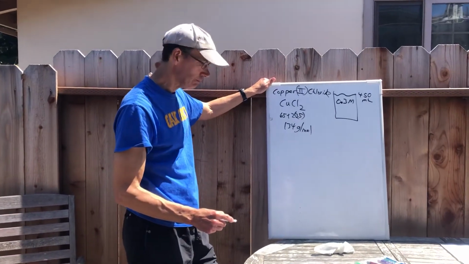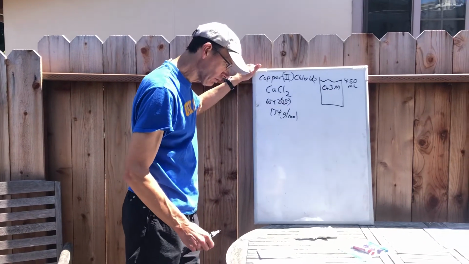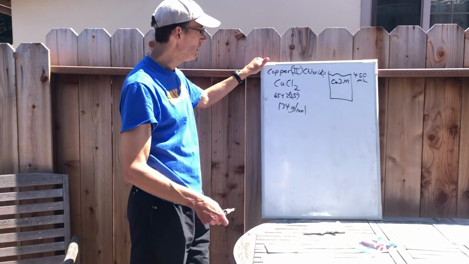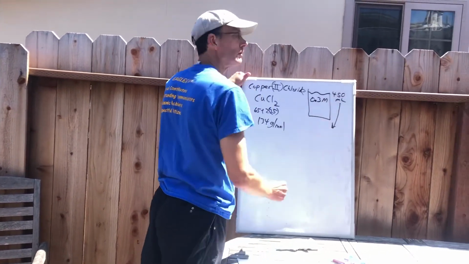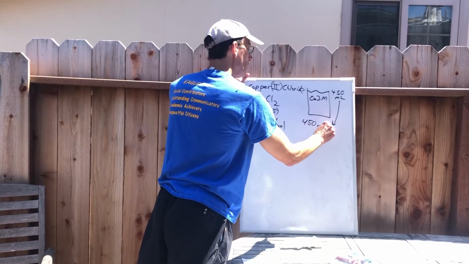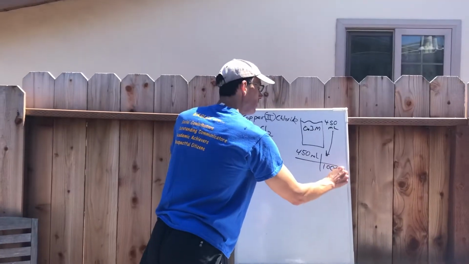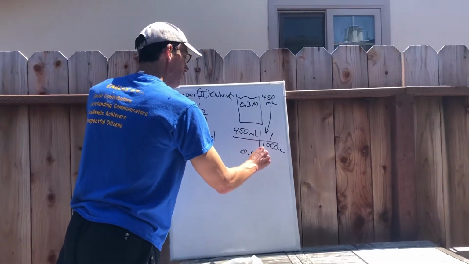Okay, now what are we looking for here? We are looking to figure out how much copper chloride we should weigh out to make the solution. But we better change the milliliters into liters, so 450 mLs divided by 1,000 mLs per liter equals 0.45 liters.